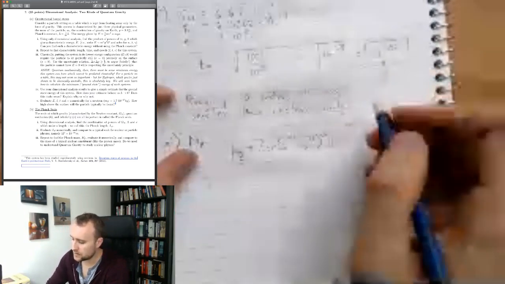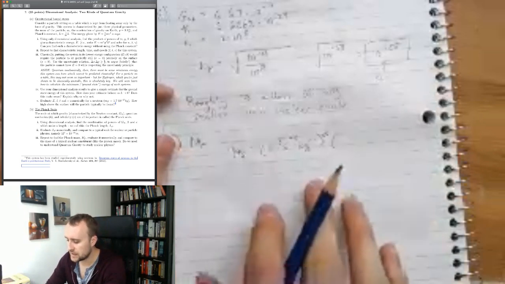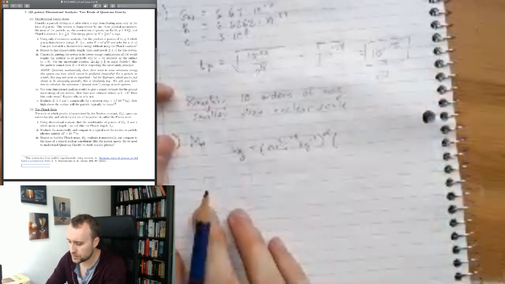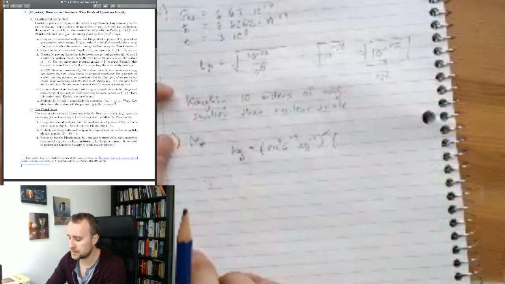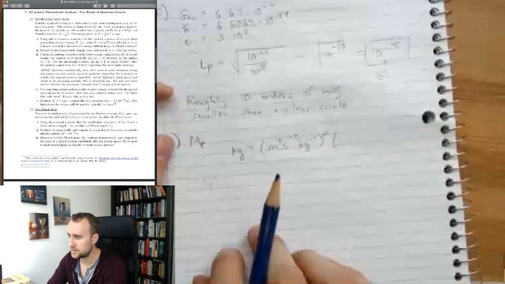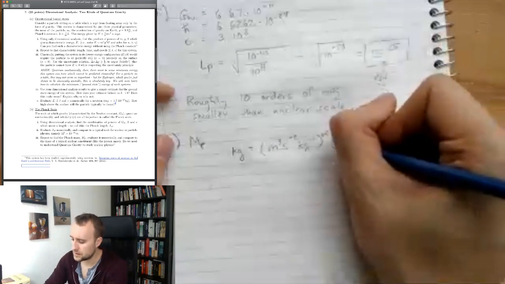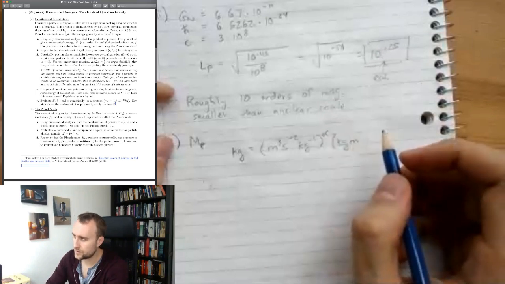Okay. All right, let's do h bar again. H bar I should be able to remember now. It was joules seconds. Joules is force times meters, so that's kilograms meters divided by seconds squared times another meter.